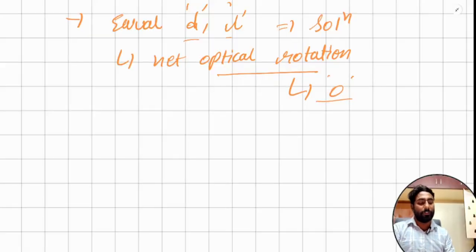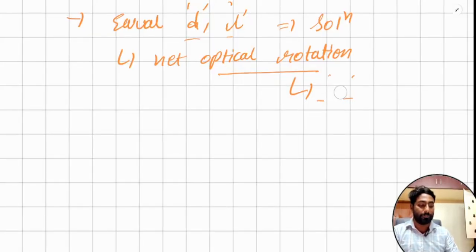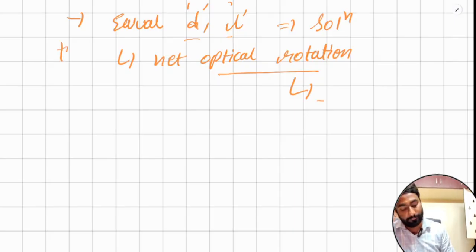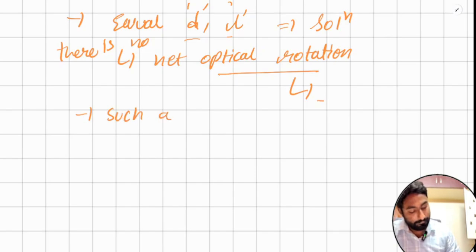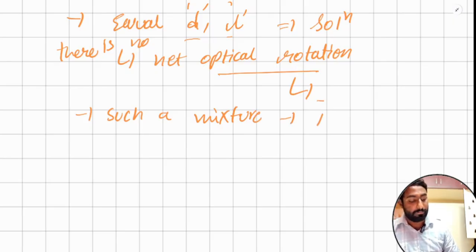That means there is no net optical rotation. Such a mixture is called a racemic mixture.